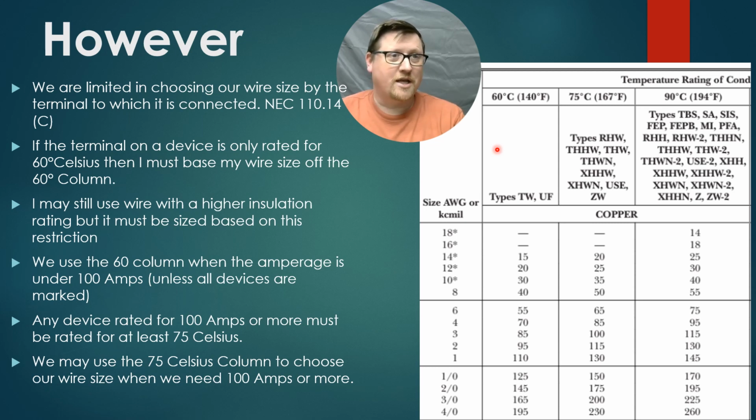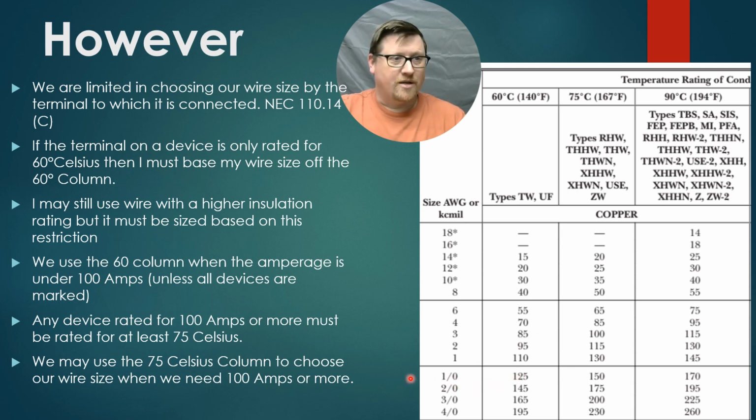It only takes one terminal that's not listed at 75 degrees for me to have to use the 60-degree column. And I'm going to use this 60-degree column all the way up to 100 amps. Anything that is 100 amps or less, I'm going to use the 60-degree column to choose my wire size.